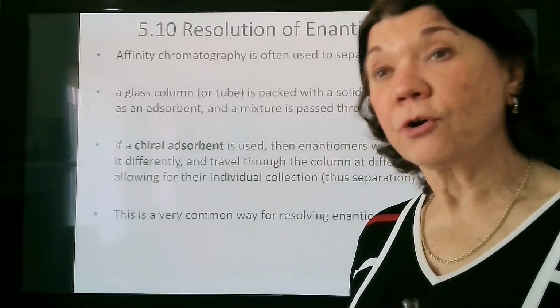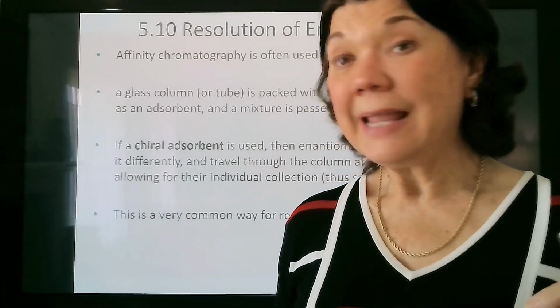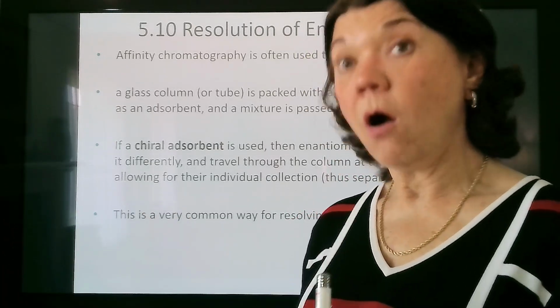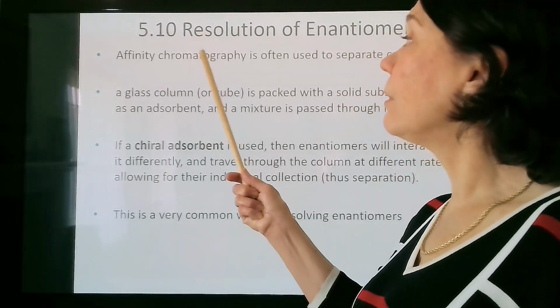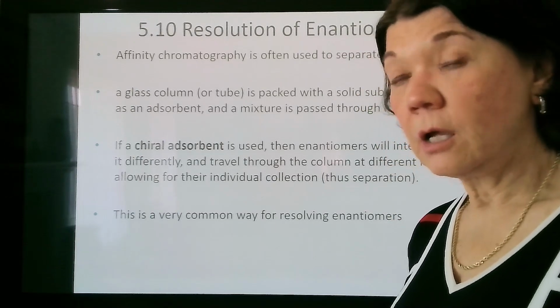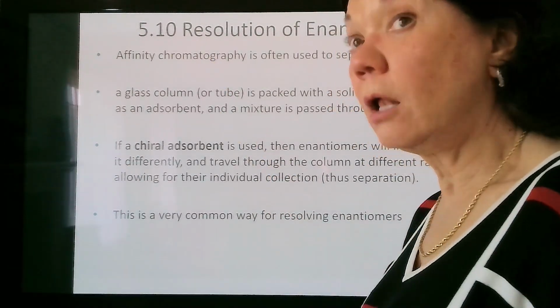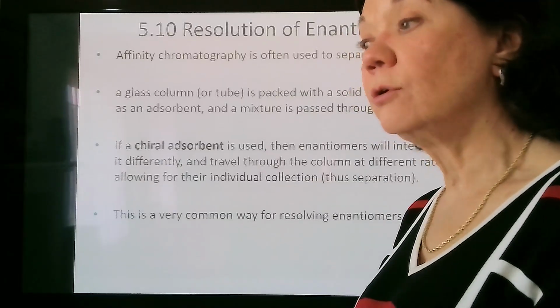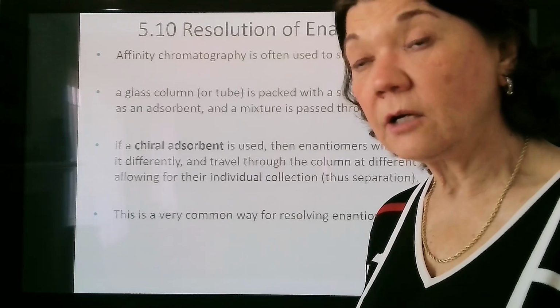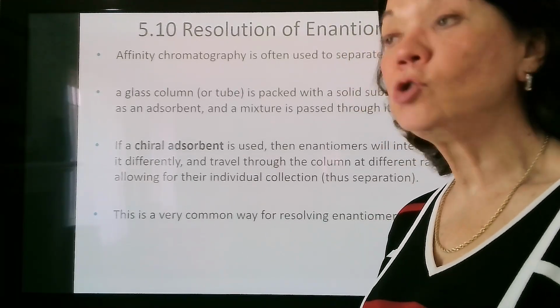But the other enantiomer will just go right through because it will not interact at all, or interact as much, with the coating on your inert solid. And so you can think of it as one passes through slowly because it's interacting a great deal, and the other one passes through rapidly because it's not interacting.